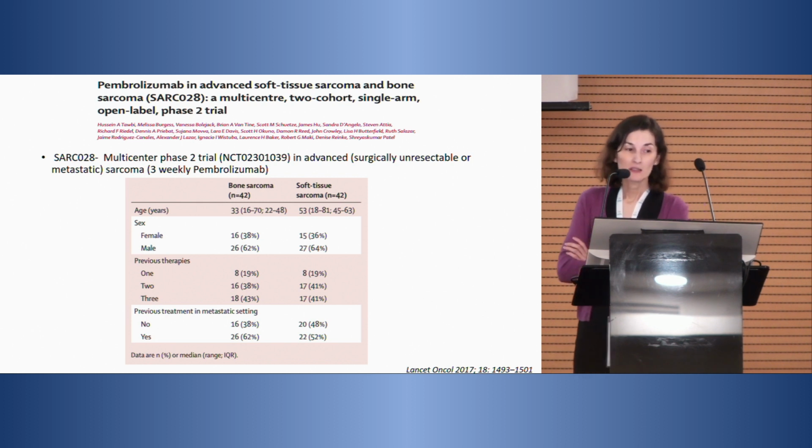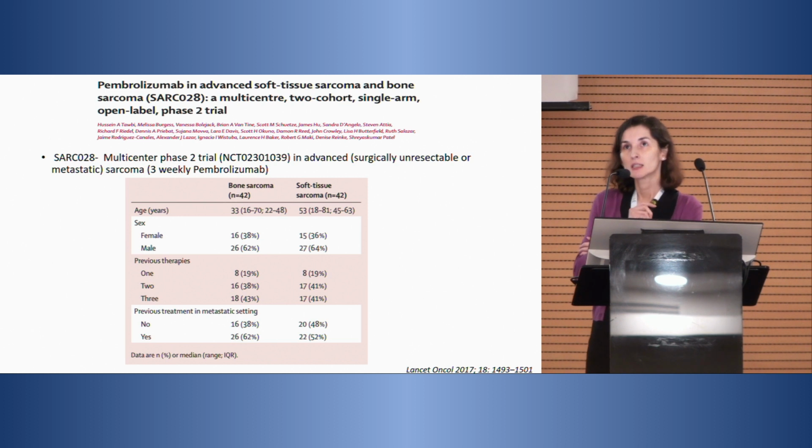So in the SARC-28 study, they have used pembrolizumab, which is an immunotherapy that doesn't work on the cancer cells, but works on the immune cells to activate them so that they can go and target the cancer cells in the body.